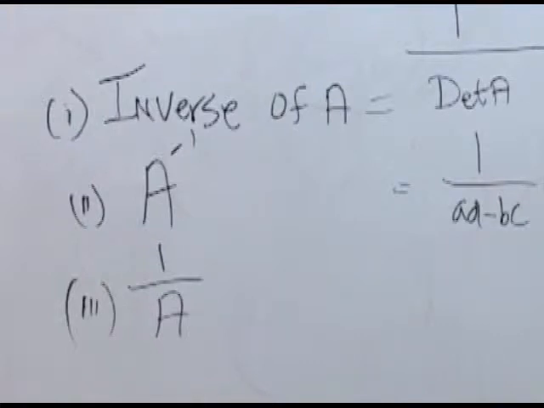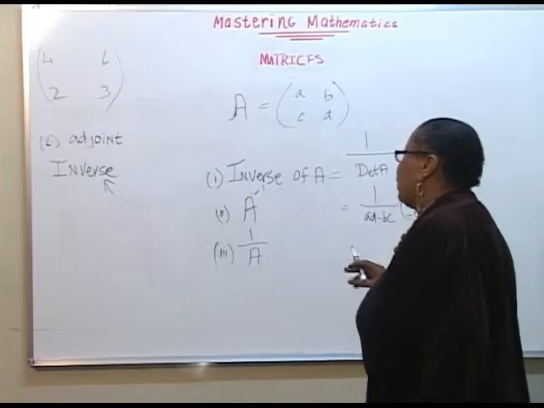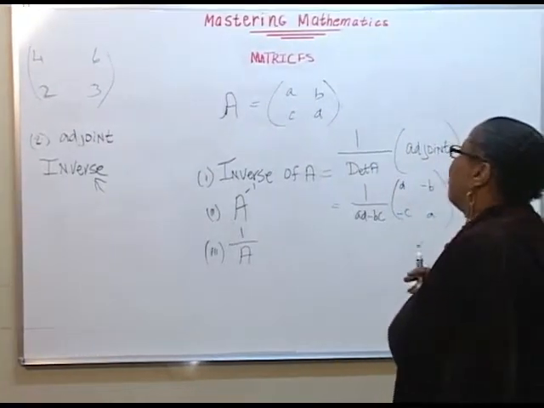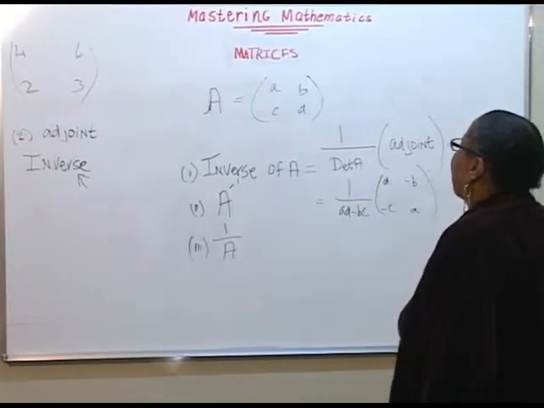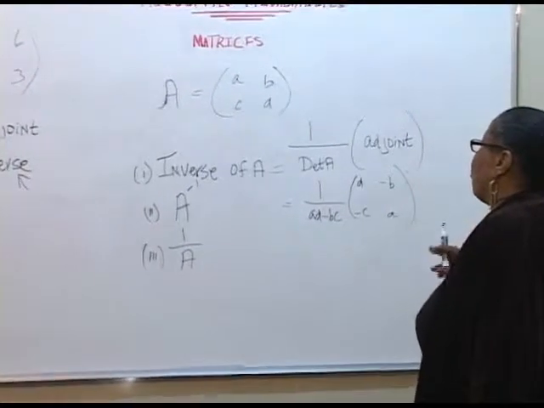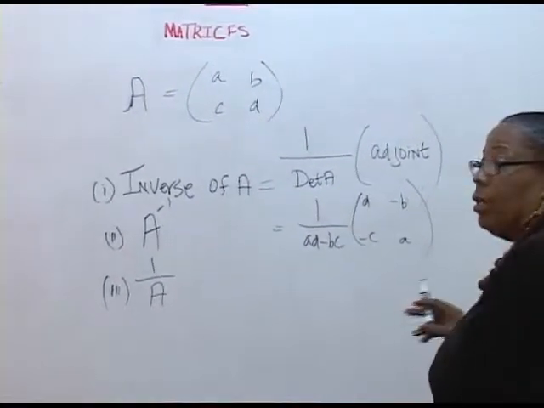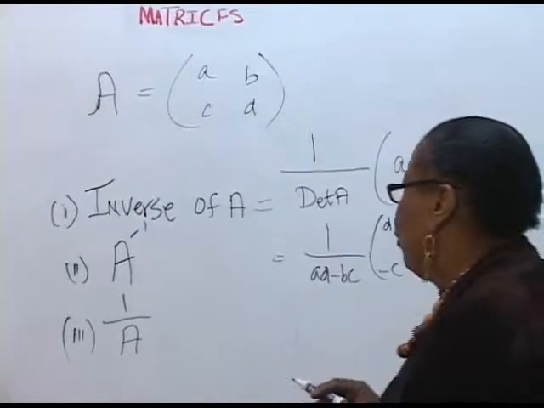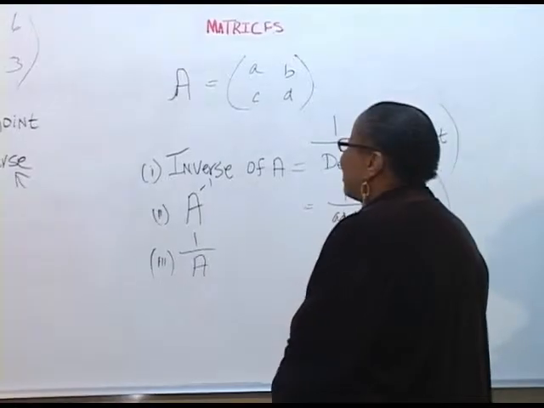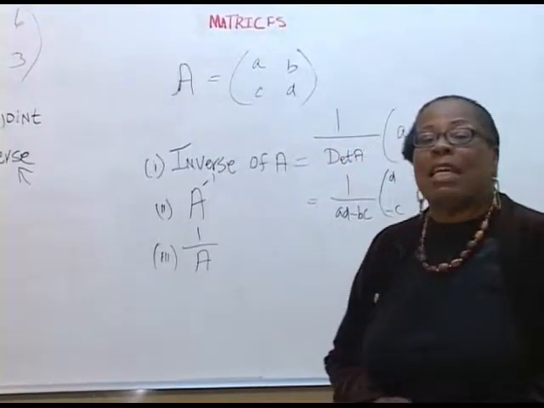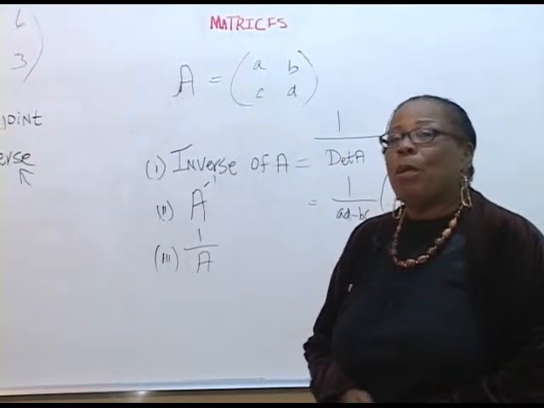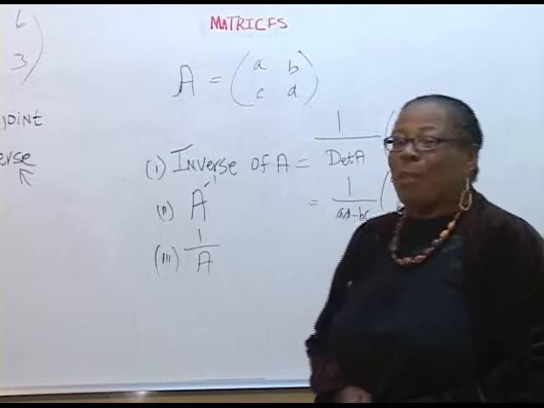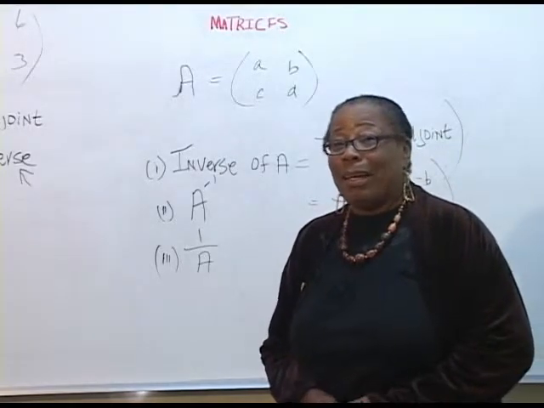We see right away that we have our formula that says the inverse of any matrix can be found by saying it's 1 over the determinant times the adjoint. All right, I want to challenge our students to say, is it in every situation we can find the inverse of any matrix? We'll be talking about that next time.